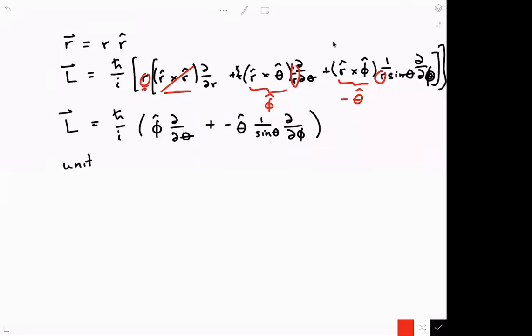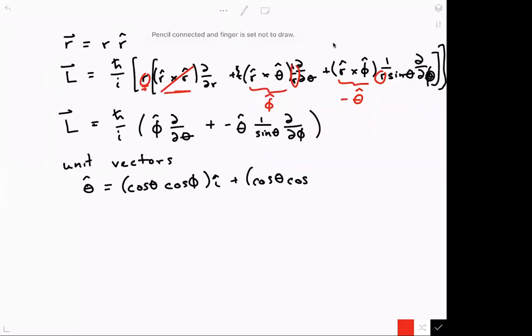So as we're moving to spherical, we could write our unit vector theta hat as cosine theta, cosine phi, i hat, and cosine theta, cosine, or sorry, that should be sine phi in the j hat direction.